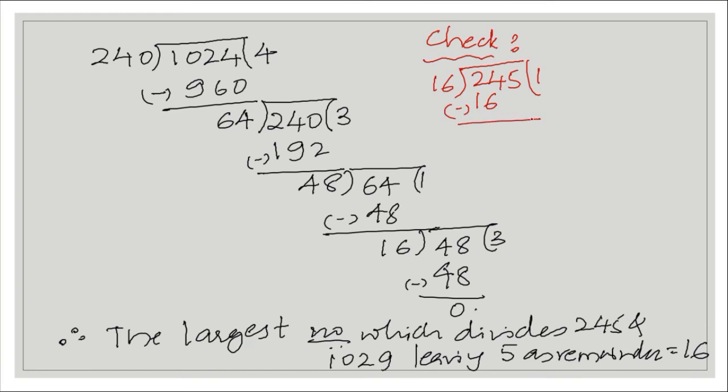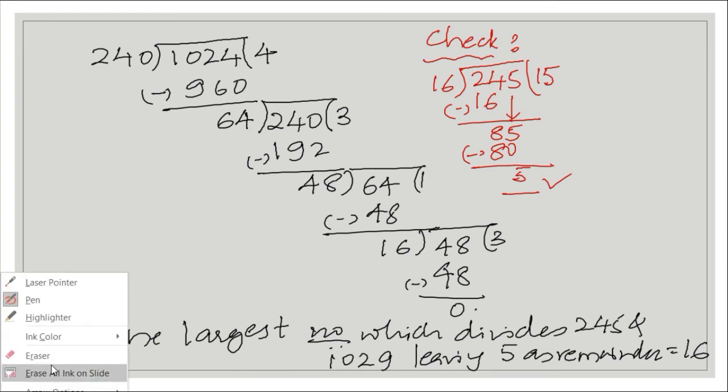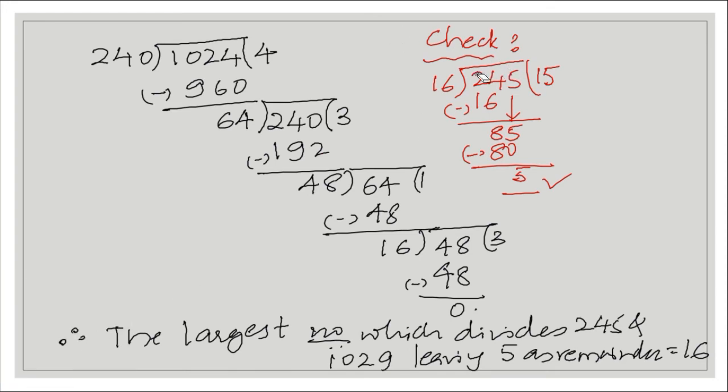On subtraction, I'll be getting 8. 5 is taken as carry, 85. So 16 5s are 80, and we get the remainder 5. So it is verified. At the same time, can we verify for 1029?